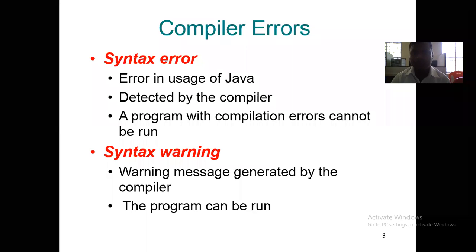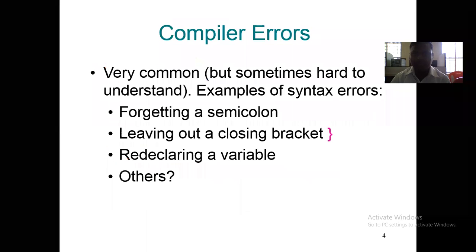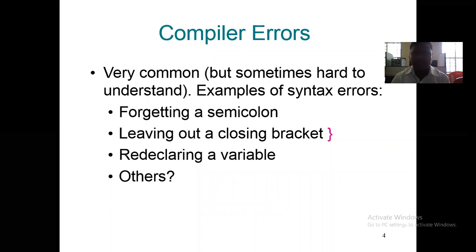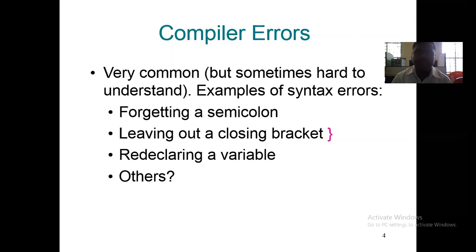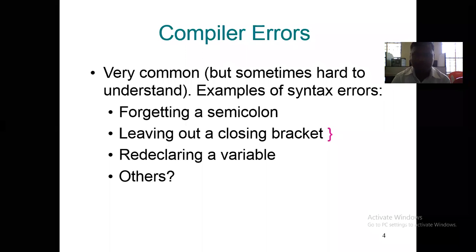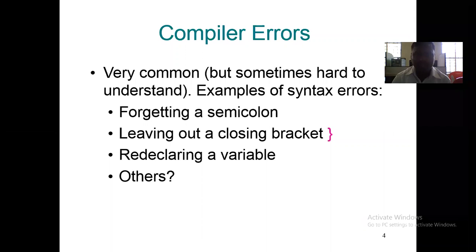That is the meaning. So what are some common errors? Examples of syntax errors: forgetting a semicolon in C languages, where at the end of the statements we need to end with a semicolon. If you forget that, it gives errors. Leaving out a closing bracket.